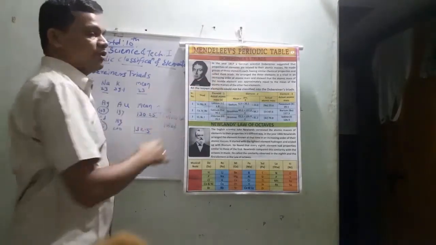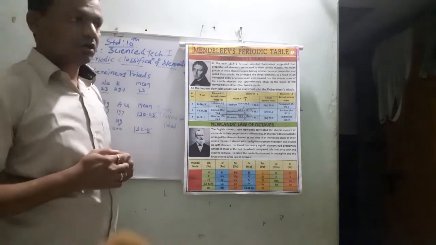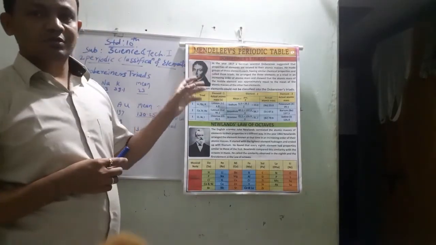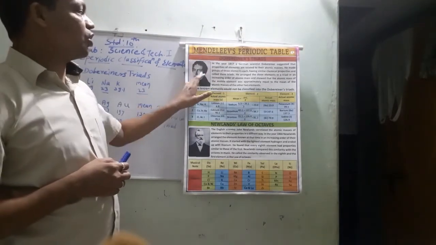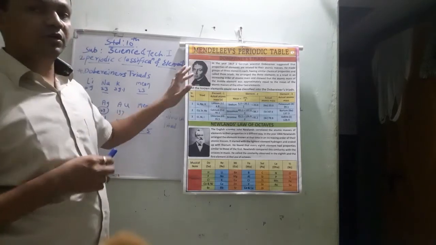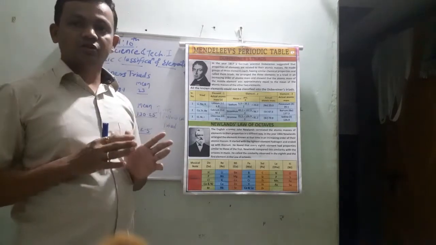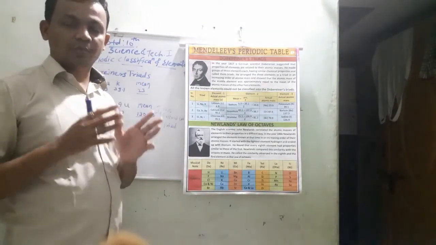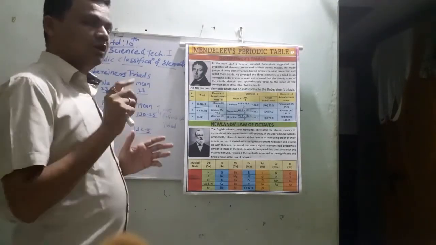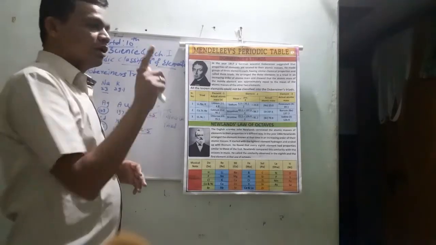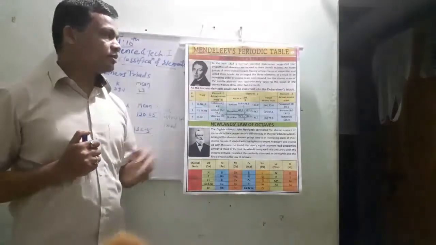In 1817, in this period, all the known elements could not be classified by Dobereiner into triads. So त्यावेळेला जेवढे एलिमेंट्स आपणास माहित होते, तर त्या सर्व एलिमेंट्सचं क्लासिफिकेशन Dobereiner हा करू शकलेला नाही. So this is the first drawback of Dobereiner's triad.